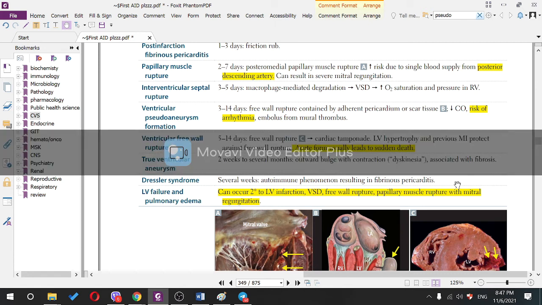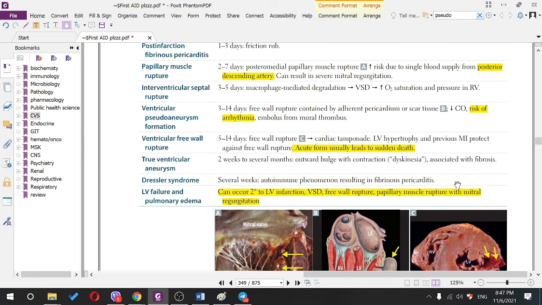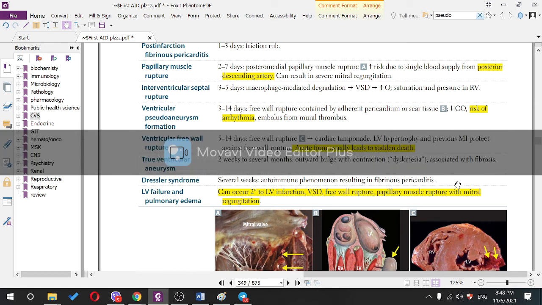But to eat an unliving thing, which is a fibrous tissue, it's quite difficult. It's like eating the bone of a dead animal. It's impossible. You know, it's difficult. So to get a ventricular free wall rupture in a second MI is quite rare because of the fibrous tissue and the formation of the scarring. But to get one in a first time myocardial infarction is more common.